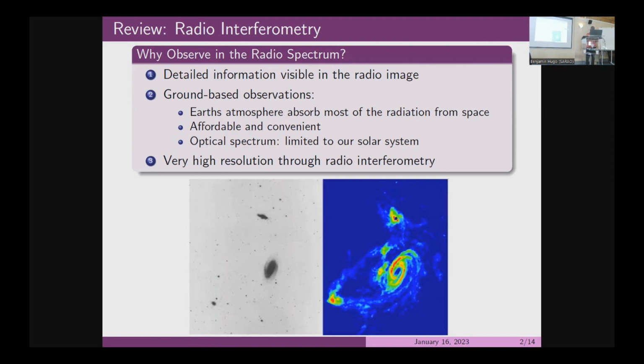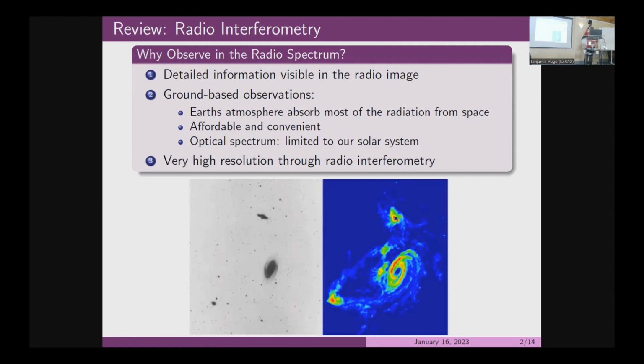So why are we interested in observing within the radio spectrum? These are just basics to lead us somewhere. One is that within the radio spectrum, it gives us detailed information as compared to the optical spectrum.